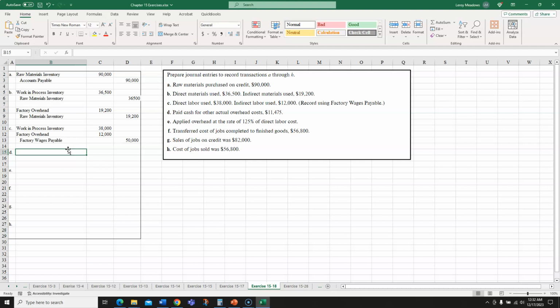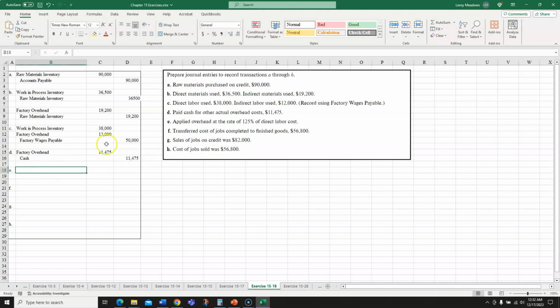So what am I going to do for these other overheads? I'm going to debit any other overhead to factory overhead for the amount of $11,475, and it said we paid cash of that amount.